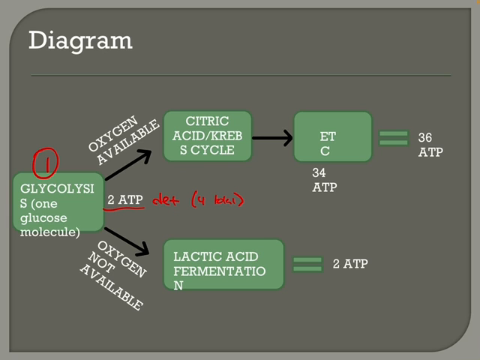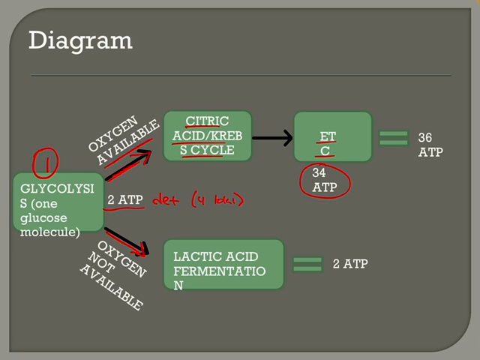Glycolysis always happens first. The next step depends on whether we have oxygen or not. If we have oxygen available, we move into the citric acid and the Krebs cycle. A bunch of stuff happens there that we're not too worried about. It moves on then to the electron transport chain, ETC. This is where the electrons bounce off of each other and create 34 ATP.